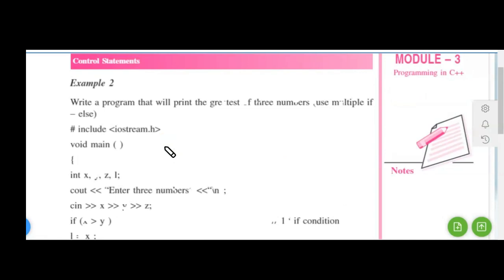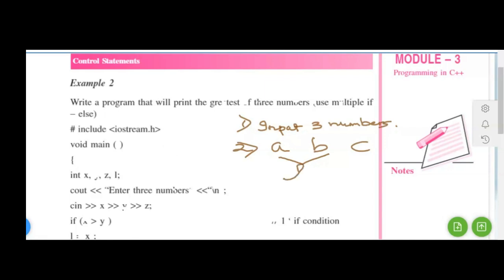First you have to read or input 3 numbers, and let all the 3 numbers be A, B, C. Compare the first and second number, that is one method. Compare these two, and whichever is the bigger number, store it in the L variable.